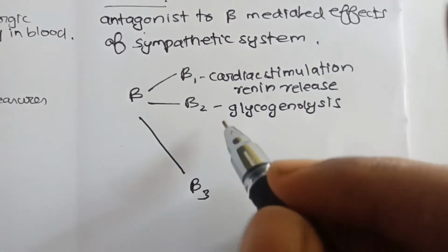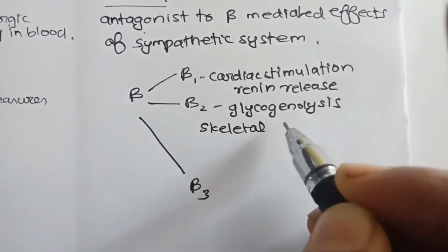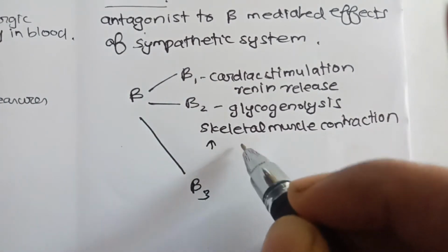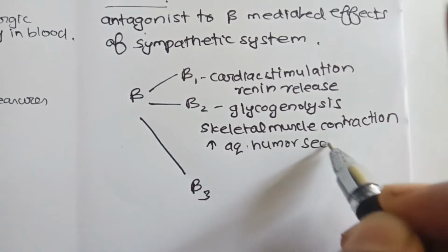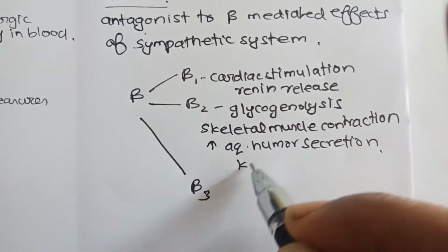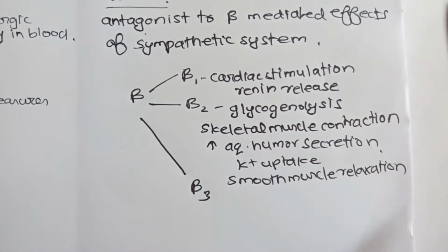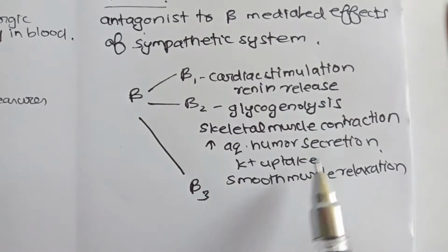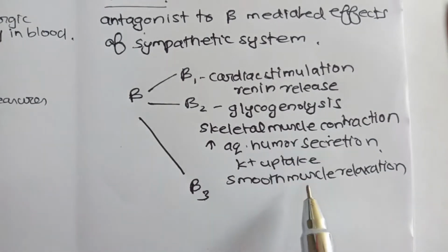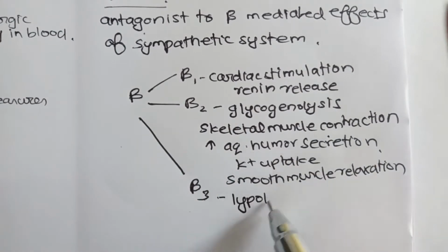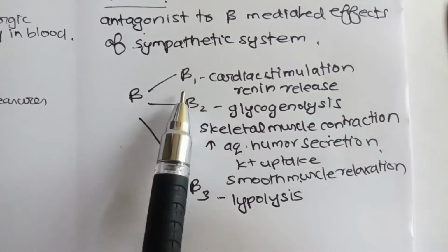Coming to beta 2, a lot of functions like glycogenolysis, skeletal muscle contraction, increased aqueous humor secretion, K+ uptake and smooth muscle relaxation. Note that the skeletal muscle is contracting and smooth muscle relaxing. Now coming to beta 3, mainly it helps in lipolysis.